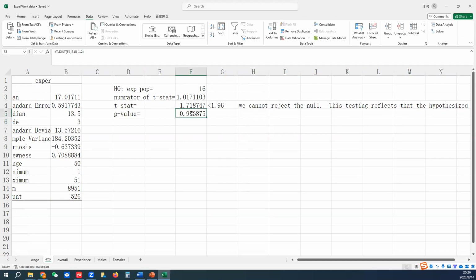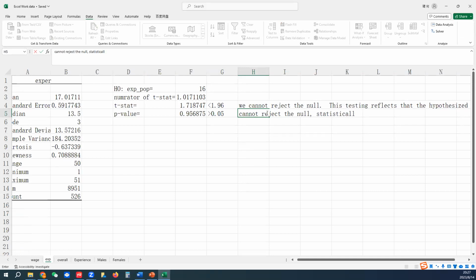So it's 0.95, which is much greater than 0.05, which is the same conclusion: cannot reject the null, namely statistically insignificant. Okay, so those are the two examples.